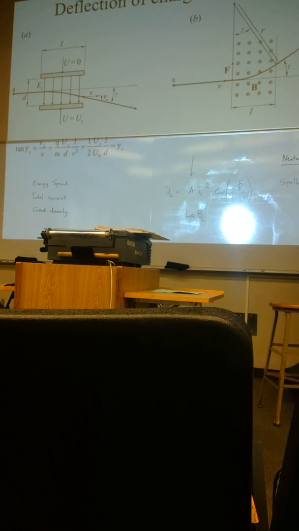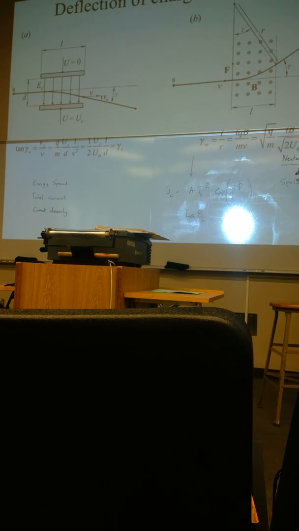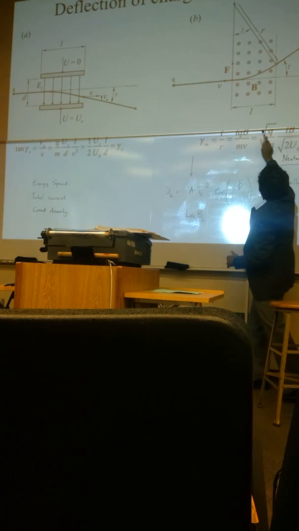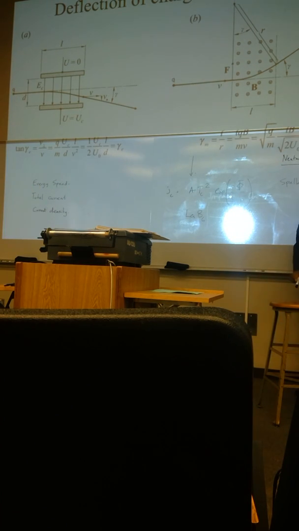On the other hand, here the angle of deflection depends on the magnetic flux. And it also depends on the mass and the charge. So if you're using ions, because ions have a large mass, if you want to focus them with the magnetic field, it will be very, very high fields that you're going to need.